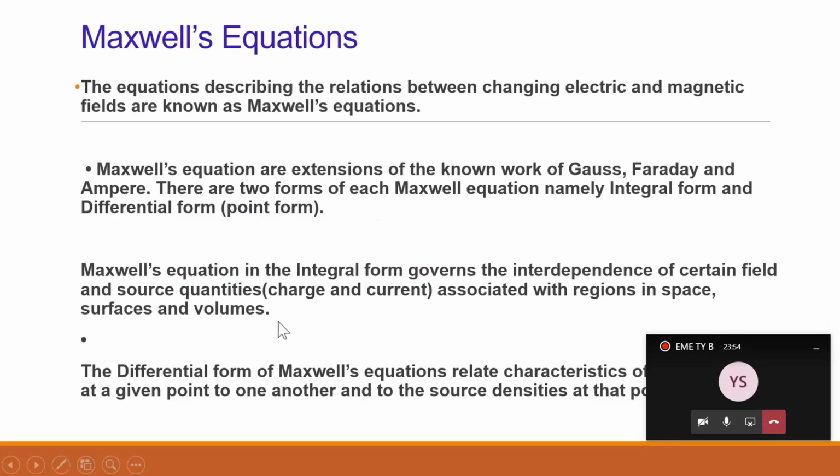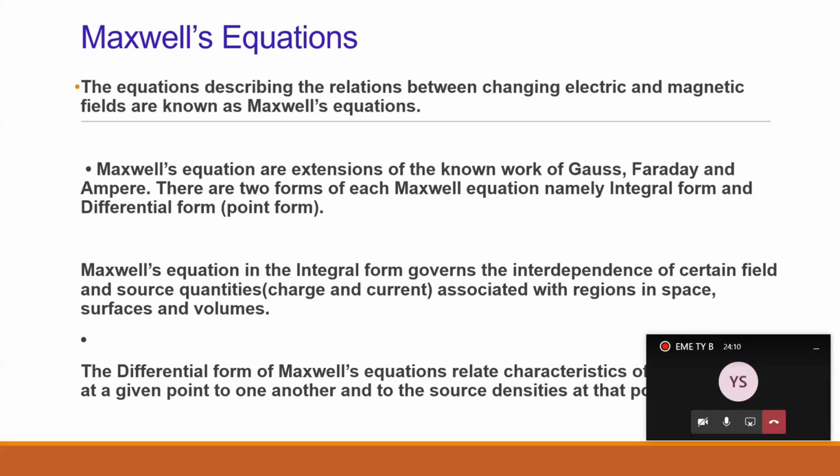First thing, Maxwell's equations describe major relationships between changing electric and magnetic fields. So these equations relate electric field and magnetic field. We already know that Faraday, Oersted, these scientists have stated different laws, and ultimately what is found is, whenever there is an electric field, there is a magnetic field.